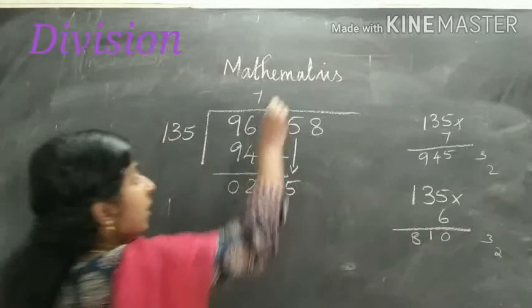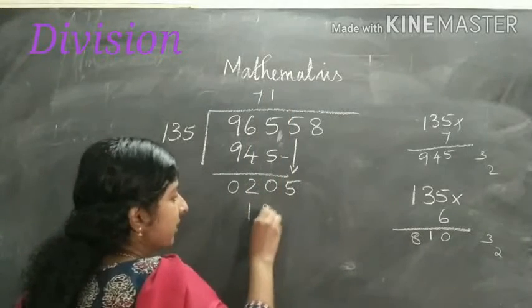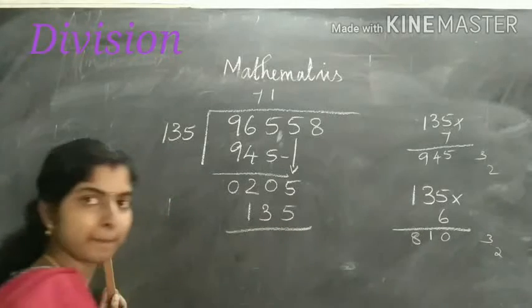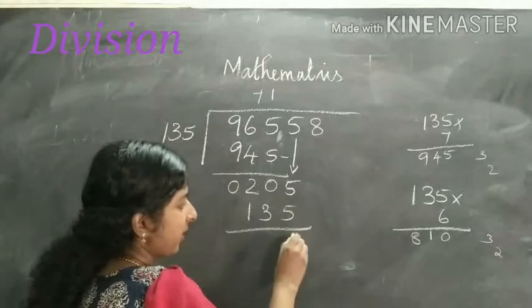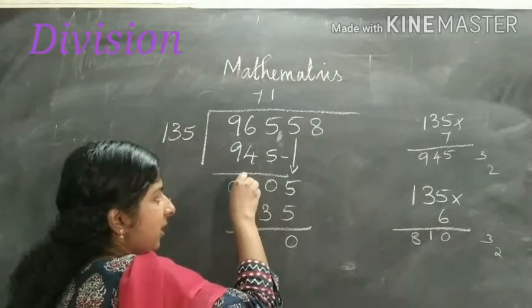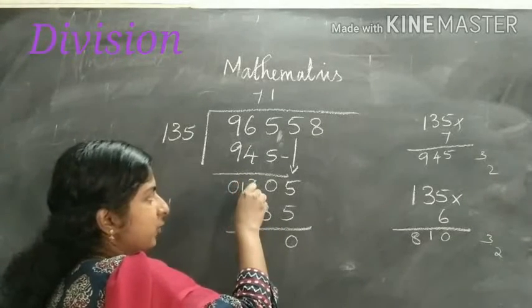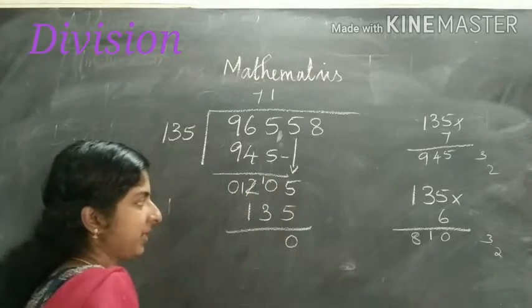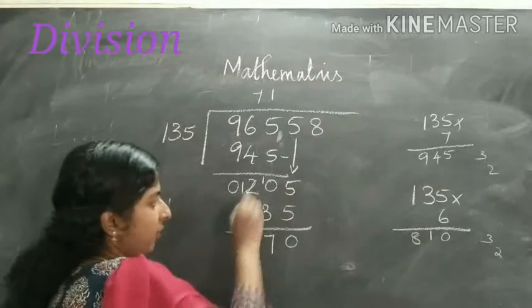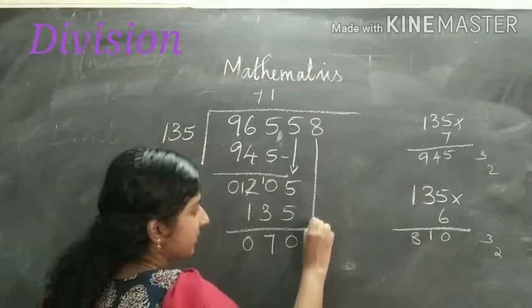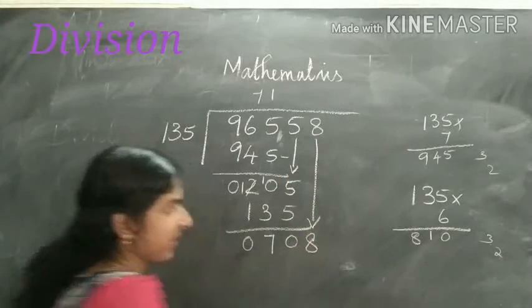So we take 135 once, 135. That is 5 minus 5 is 0. 0 minus 3 is not possible. We take 1 from the left side. Here 2. We take 1. 1 is balance. Here 10. 10 minus 3, 7. 1 minus 1, 0. Then you take this 8 down.